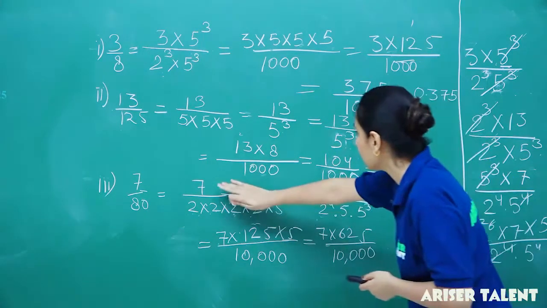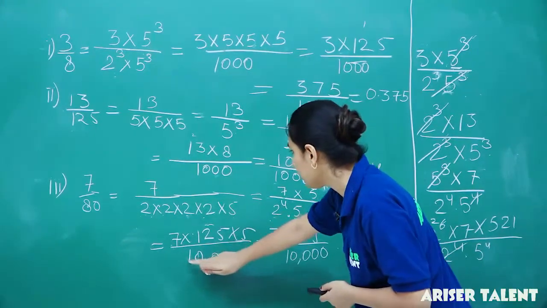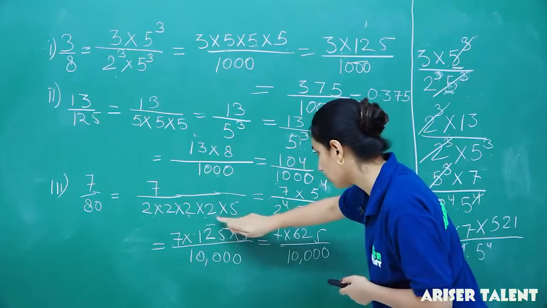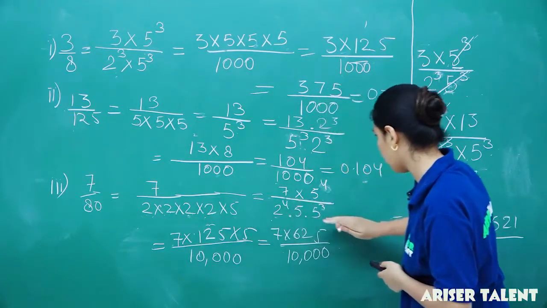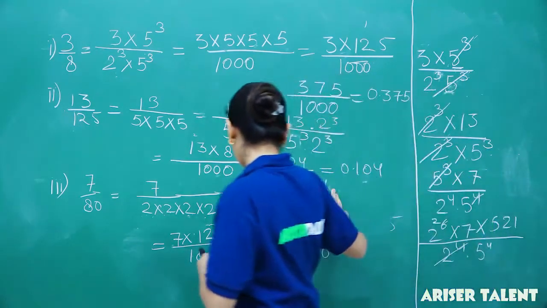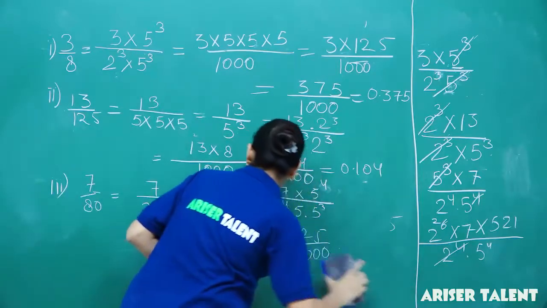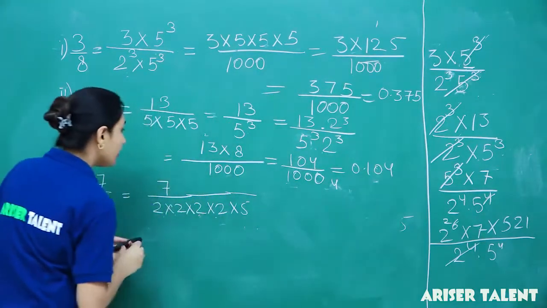Okay, let's recheck it. 7, 2, 2, 2, 2 and 5. Now, it will be 10,000, 7 multiplied by... Let's read on it.